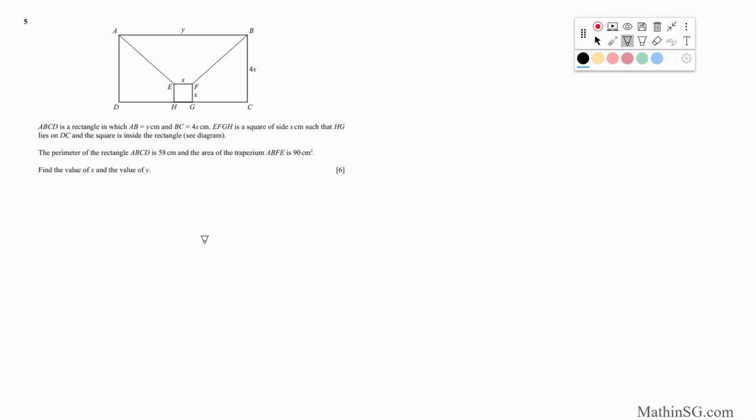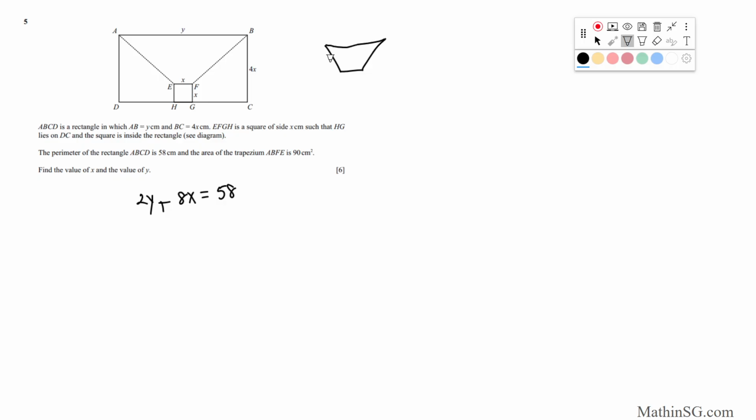So we can actually write out the equation. The perimeter is basically 2y plus 8x, equals 58. Then the area of the trapezium ABFE is 90 cm square. So how to find the area of a trapezium?